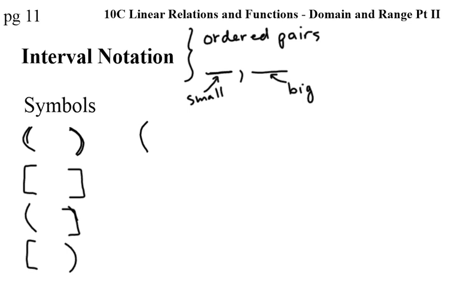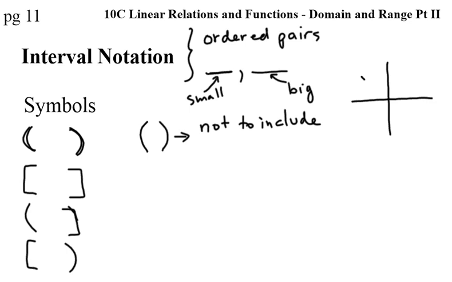What's important is round brackets. Whenever we use round brackets, we're telling us not to include the value. So we looked yesterday at some examples where maybe we had this graph, but our first point was an open circle. Whatever this value is, let's just say it's -3. I would want to put -3 as my low domain value, but I'd put a round bracket around it because I don't want to include it.